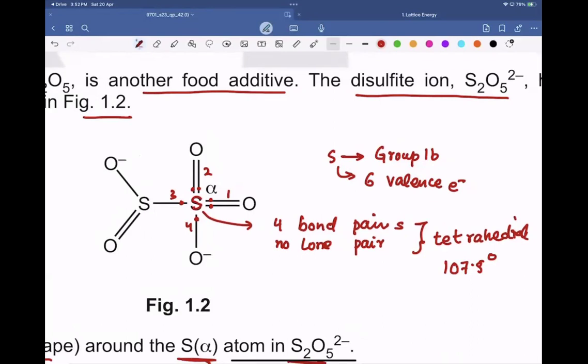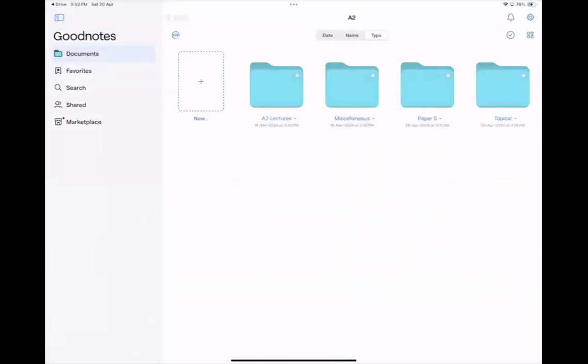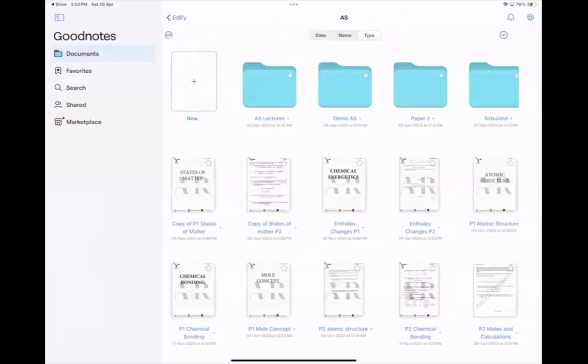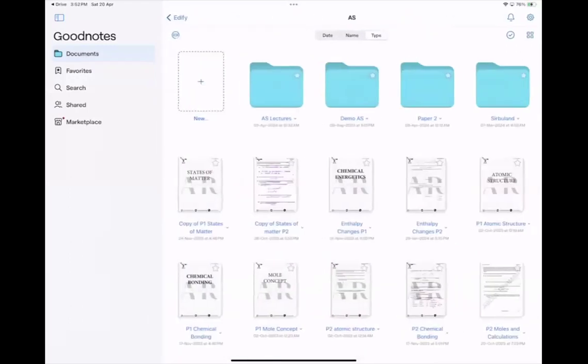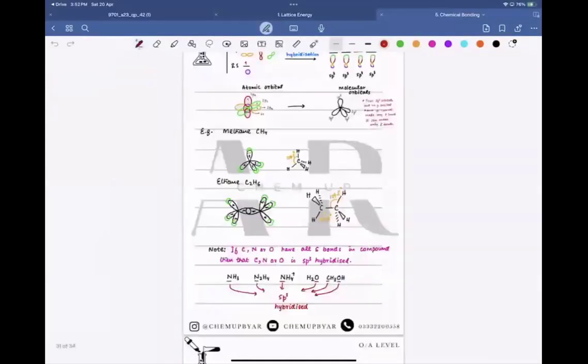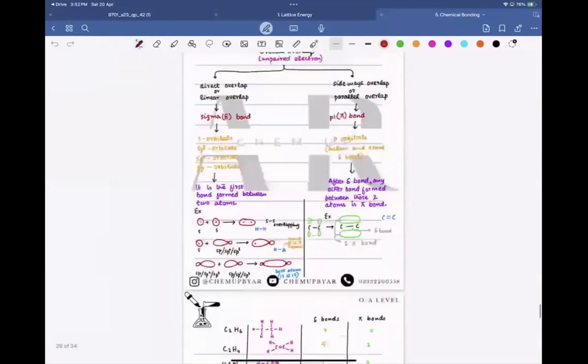But if you guys recall, I have shared the AS notes with you, I will share the bonding chart with you.